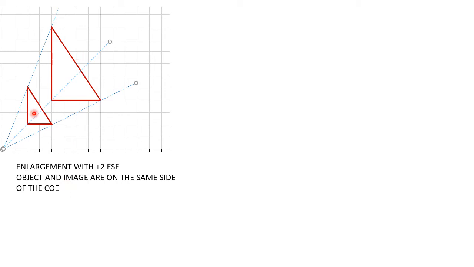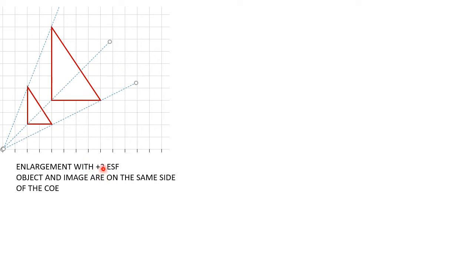So this is a simple question, where we are enlarging this small triangle here with a positive 2 linear scale factor or enlargement scale factor, and the center of enlargement in this case is the point that I have showed there. So basically, I should say, when the enlargement scale factor is a positive 2, the object and image happen to be at the same side.